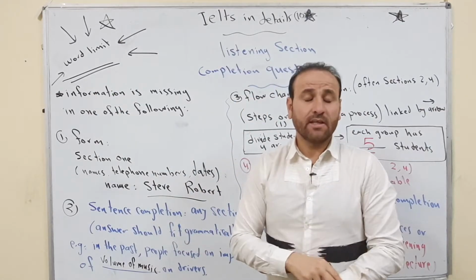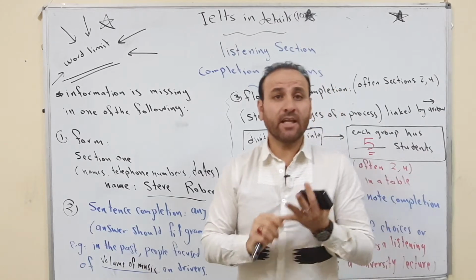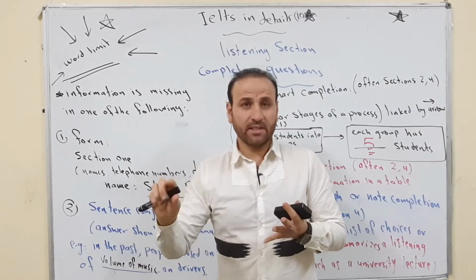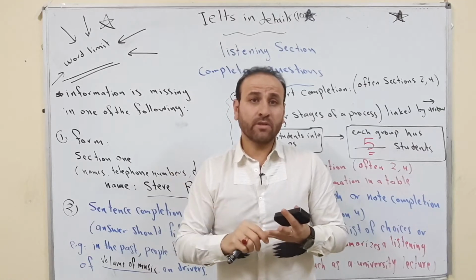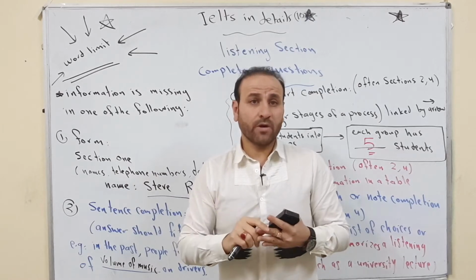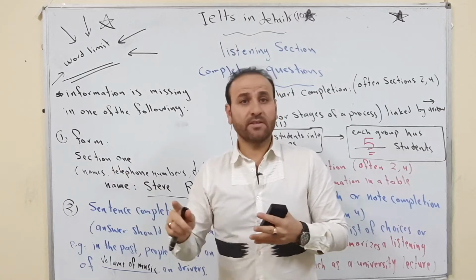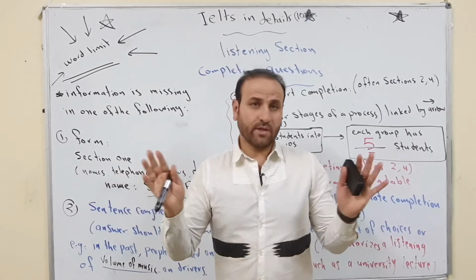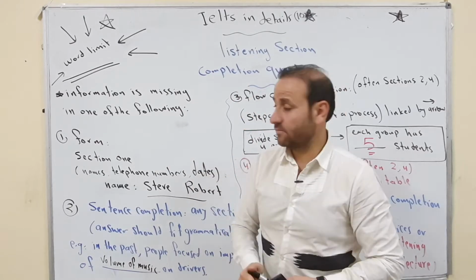As we said earlier, we have to respect the word limit, عدد الكلمات في الفراغ. We have to write one word only, or one word and a number, two words, three words, like this. Not more than three words and/or a number. So we have many options, so we have to be careful about this.